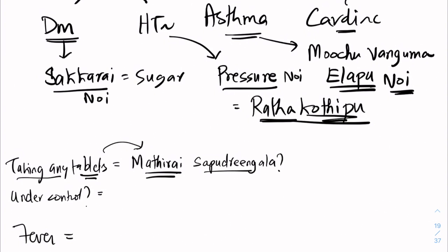You might wonder whether the patient has no diabetes or hypertension, but in fact they might be taking tablets for them. So it is prudent to ask, are you taking any tablets? That might give you more information when you look at the medications they are taking. So, taking any tablets, மாத்திரை சாப்பிடுறீங்களா?